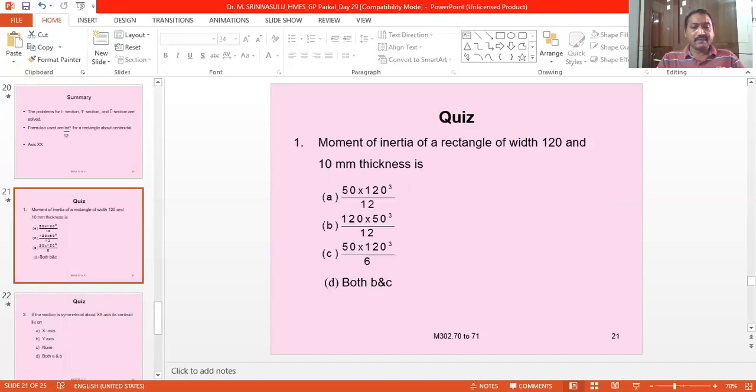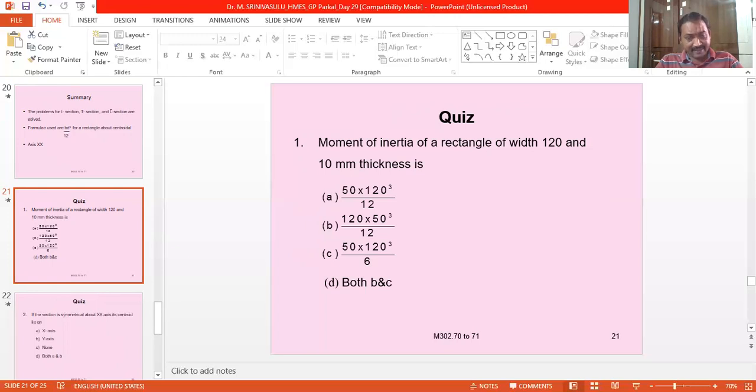And now coming to the quiz. The moment of inertia of a rectangle of width 120 millimeters and 50 mm thickness is. So we know that whenever the moment of inertia is not specified, we can think that it is the moment of inertia about the x axis. Generally we find the moment of inertia about x axis, y axis and z axis, but unless otherwise mentioned it is assumed to be about the x axis, that is Ixx.